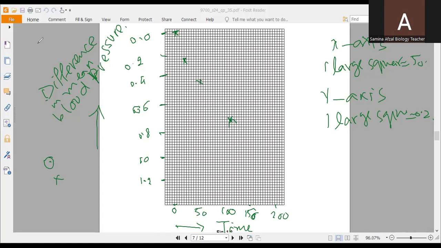At 160, which will be over here, the value is 1.33. So it will be over here. And then again 0.87 at 220. So it will be a little bit over here.